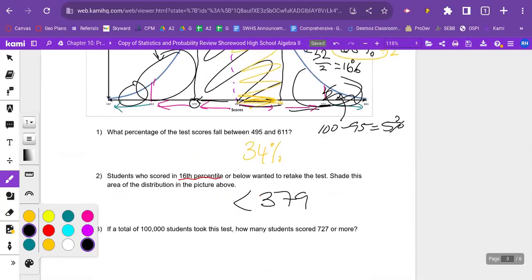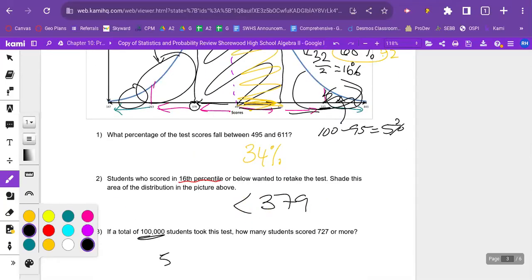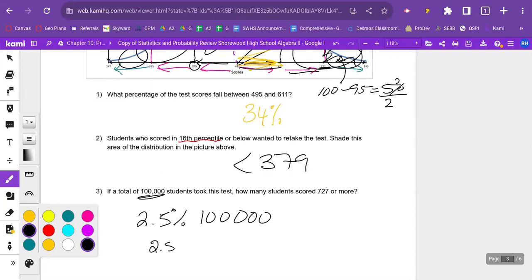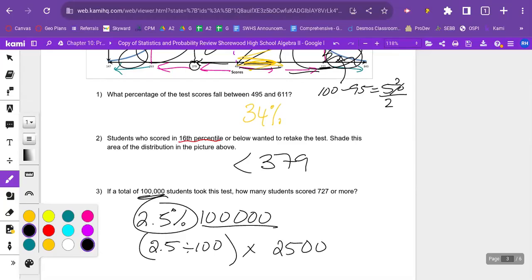But they're asking me of this total. So 5% is the total, so we need to divide by 2. So 2.5% of 100,000. So in your calculator, you can type in 2.5 divided by 100, because that is 2.5%, and then times that amount. And so that's how we get 2,500.